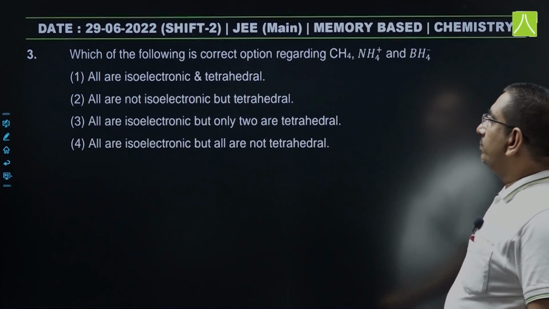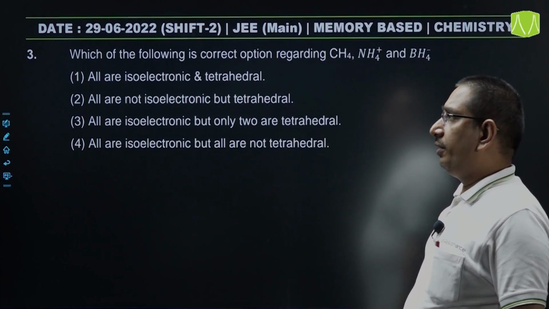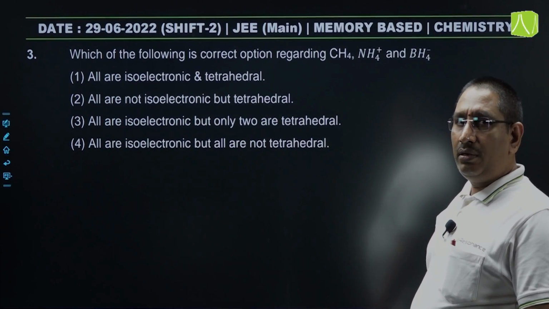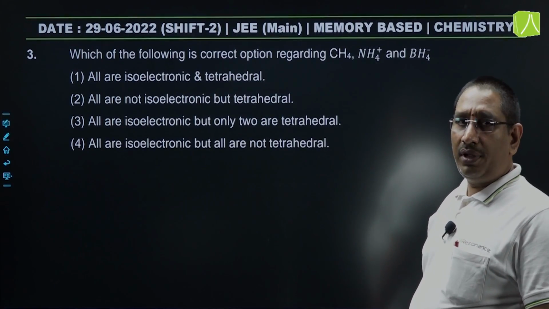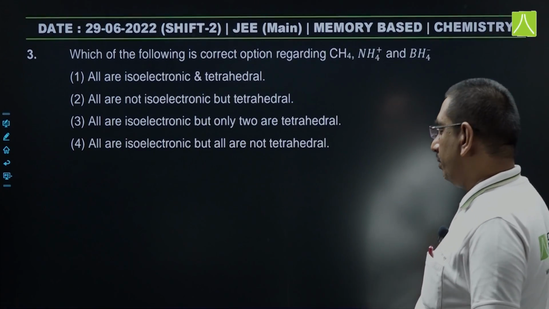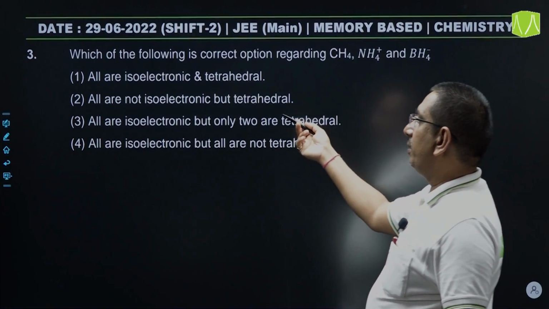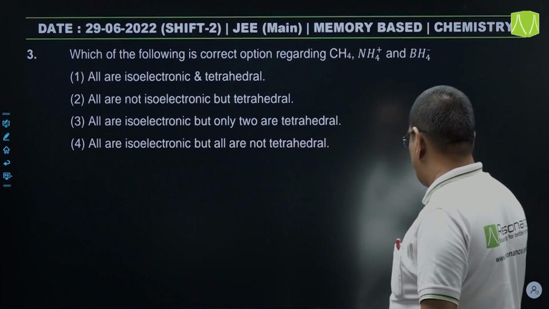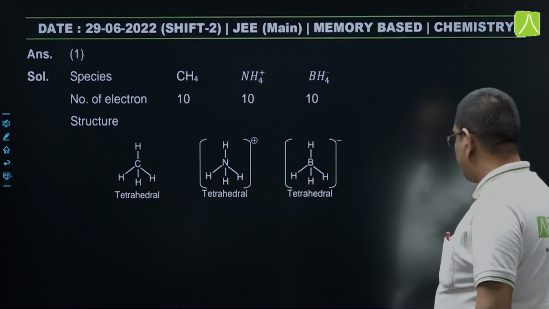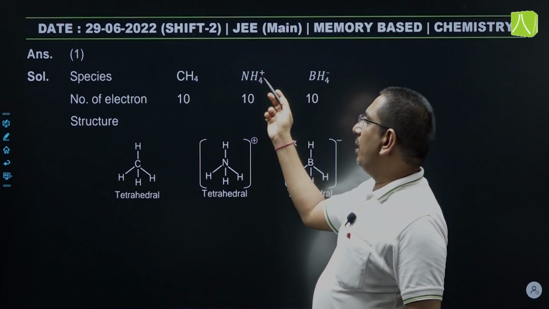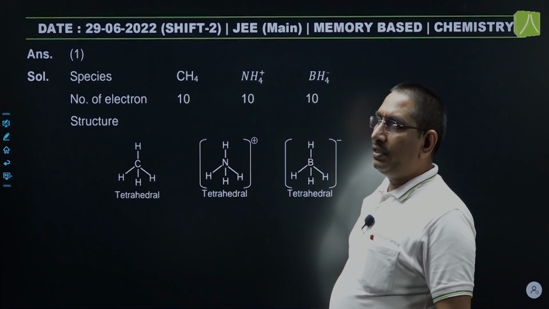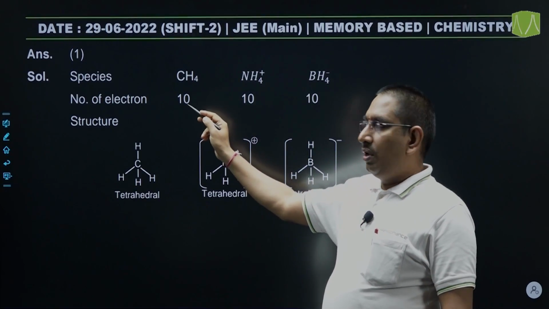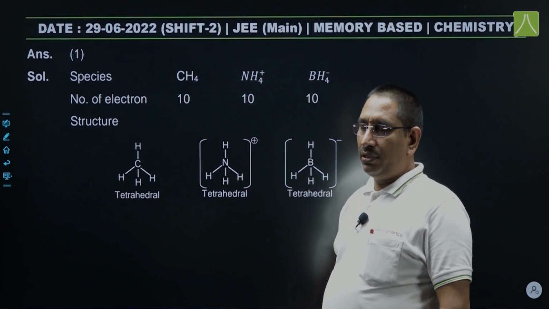Next question, this is from chemical bonding. Which of the following is the correct option regarding methane, NH4 plus and BH4 minus? And in these they are given options like isoelectronic and shapes, and if you observe in methane, NH4 plus and BH4 minus, all these three species are having the same number of electrons, carbon 6 and 4 hydrogens 4 electrons.